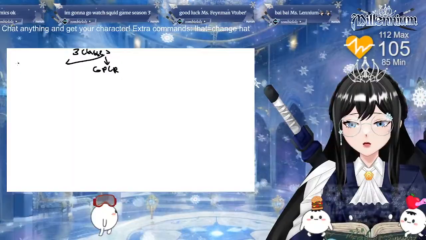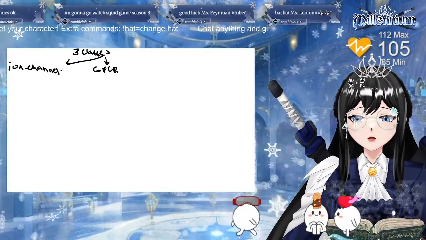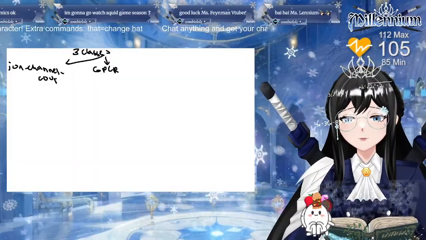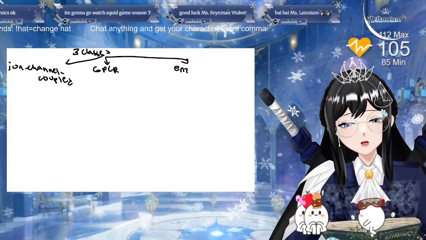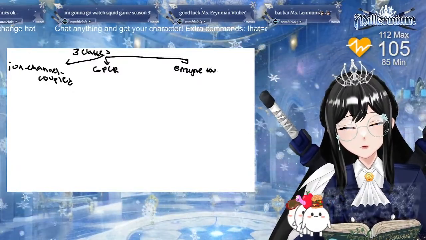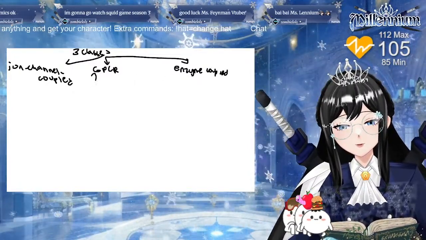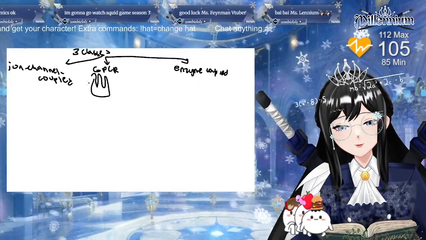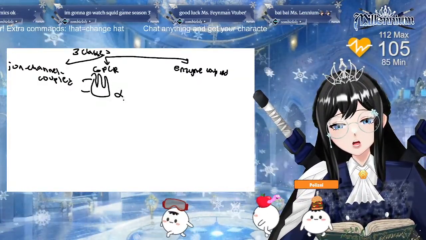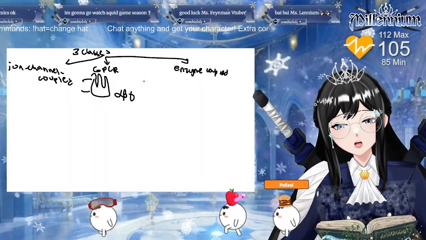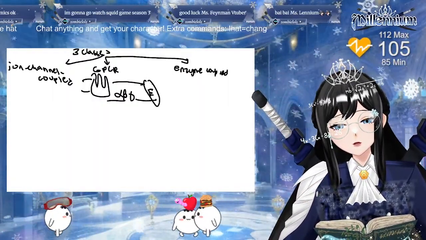This one is ion channel coupled, and earlier it was enzyme coupled. Okay? GPCR, G protein coupled receptor. You have the squiggles, and then you have the G protein, which has alpha, beta, gamma, and you have an enzyme here. That's in the membrane area.